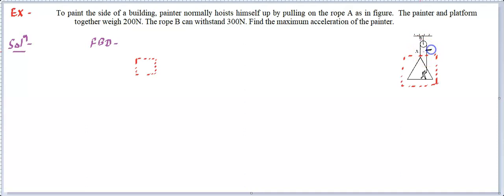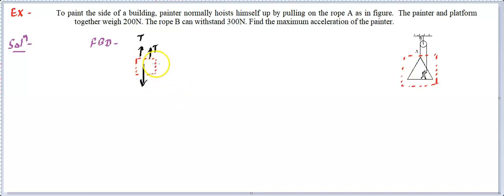This string becomes outside, and this string becomes outside, so both will be pulling it up. Let's say this is being pulled by tension T. The same string wraps over the pulley, so T will also come from this as an external force. This entire stuff is inside, so there will be internal forces. One extra force is gravity, which is an external force.